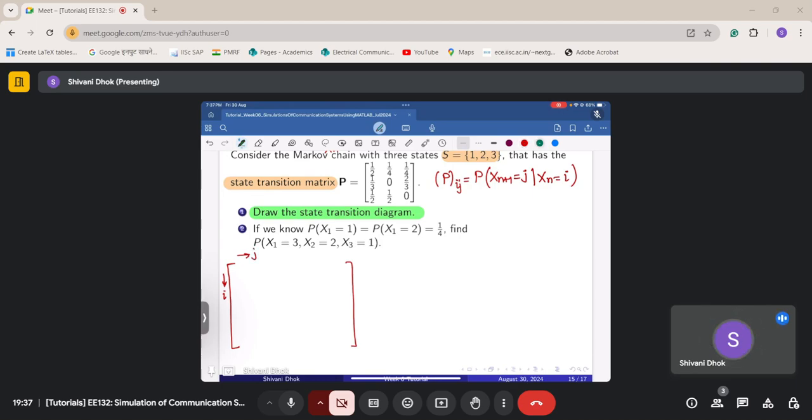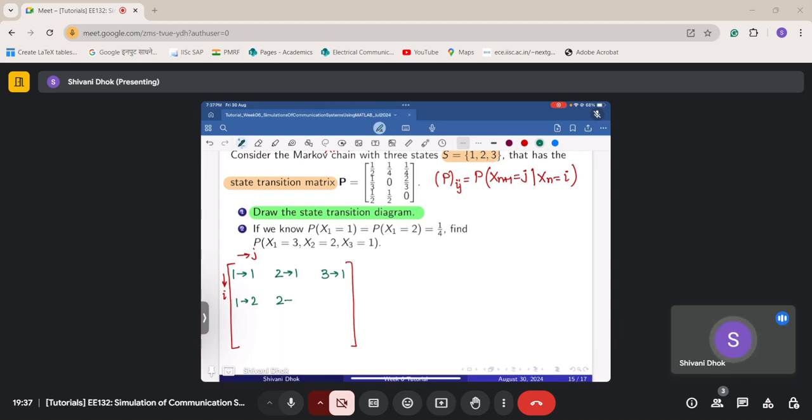So this first entry will give me a transition probability that you are in state 1 and you go to state 1. Then the second one will give me a transition probability that you are at state 2 and you go to state 1. Third entry will give me transition probability that you are at state 3 and you will go to state 1. Then in second row, this will give me a transition probability that you are at state 1 and you go to state 2.